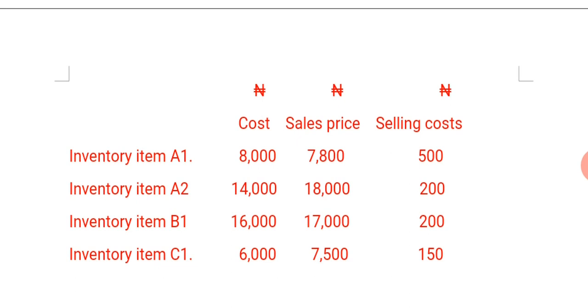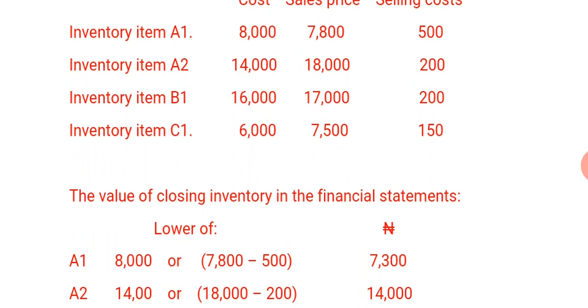The sales price is 7,800 for A1, 18,000 for A2, 17,000 for B1, 7,500 for C1. Their selling cost is 500 for A1, 200 for A2, 200 for B1, and 150 for C1. So what we are to do is get the lower between cost and net realizable value, to determine how we should price each category of our inventory.